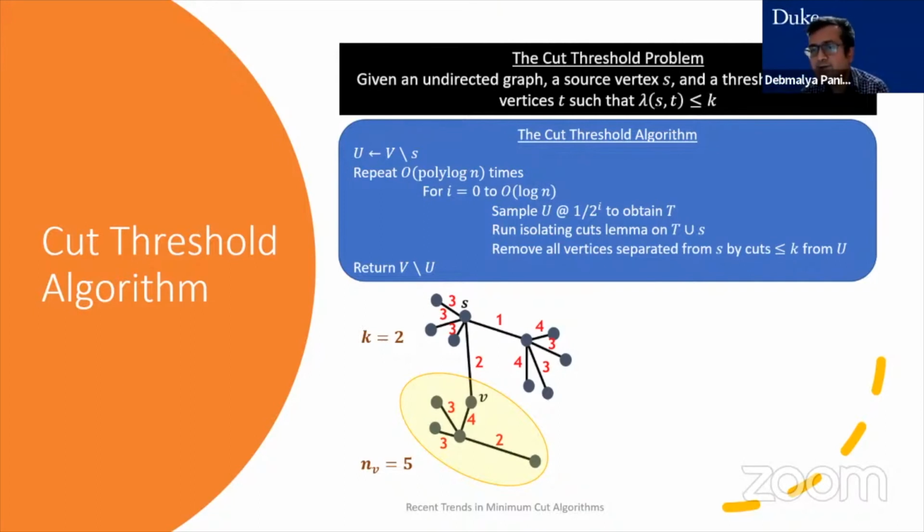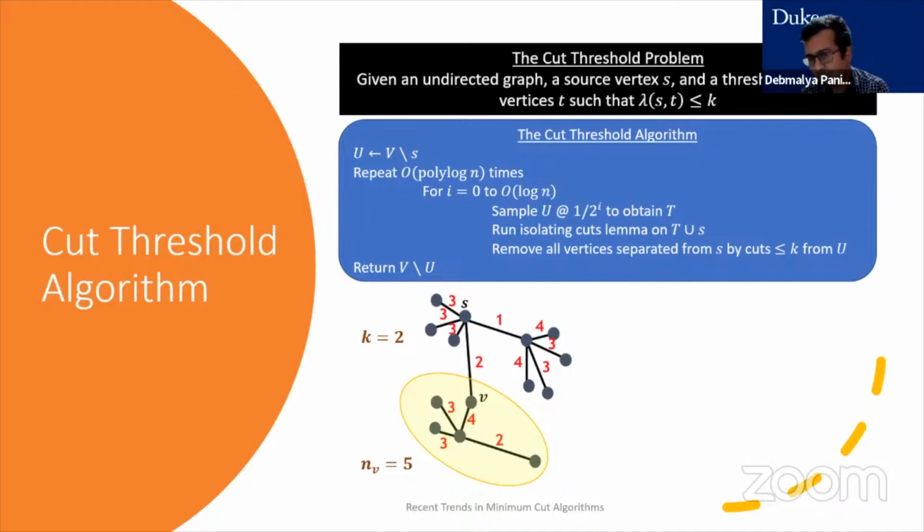I sample U at rate 1 over 2 to the i. This is what I promised to do on my previous slide. I was trying to sample at rate 1 over n sub v. 2 to the i is my guess for the value of n sub v. So I sample at rate 1 over 2 to the i. I obtain this set T. As I promised, I run isolating cuts on T union s.